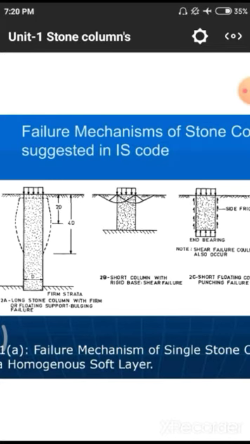The maximum depth of buckling and the starting point of buckling are also mentioned here. It is 2D or 4D, that means 2 times the diameter of the particular hole and 4 times the diameter of the particular hole. We need to multiply by the diameter of the stone column, so that at 2 times the diameter we have the maximum buckling, and at 4 times the diameter is the starting point of the buckling when we apply an excessive load on these stone columns.